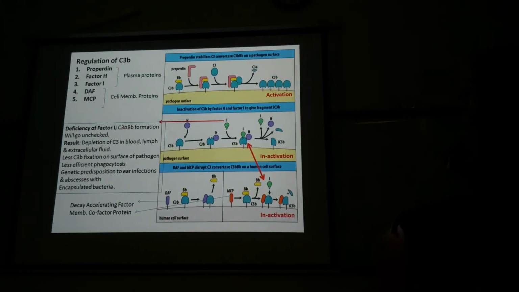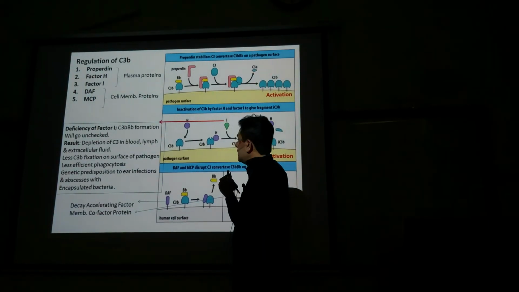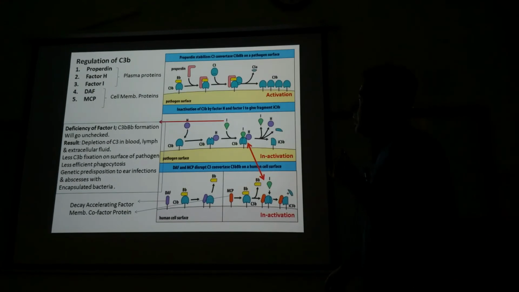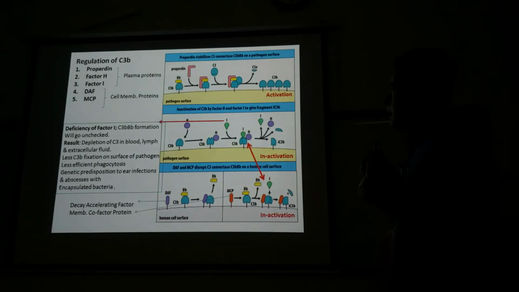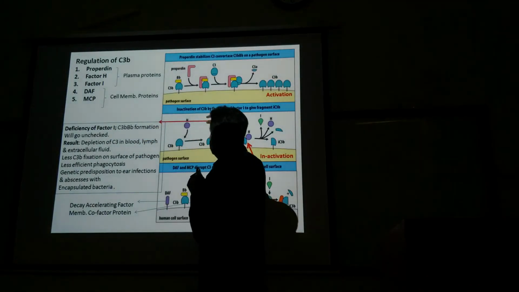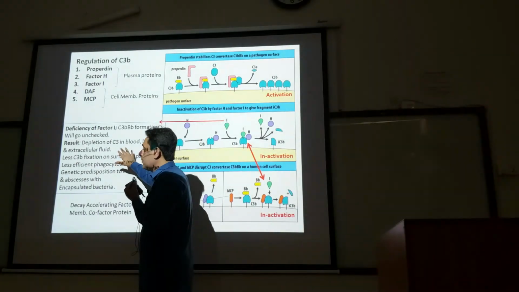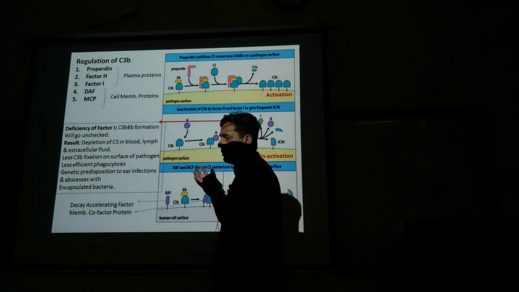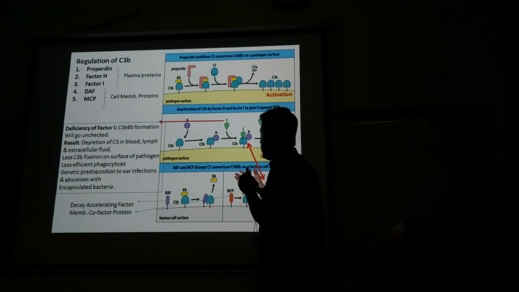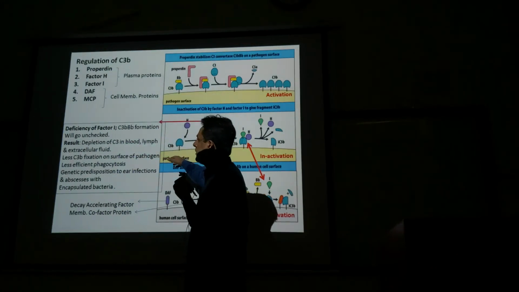Now some people have deficiency of factor I, this particular factor which is doing this job. This deficiency of factor I would result in, as I have already told you, that if the C3 convertase activity goes unchecked, then there would be depletion of the C3 in the blood, lymph, and extracellular fluid, and that actually would lead to less fixation on the surface of the pathogen.